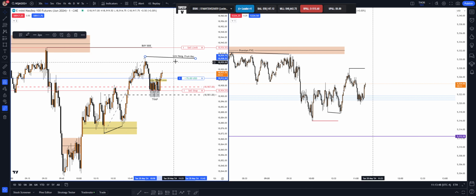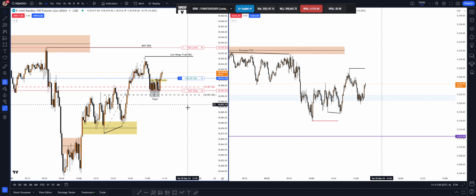It should at least deliver the short-term high, in my opinion, from here.